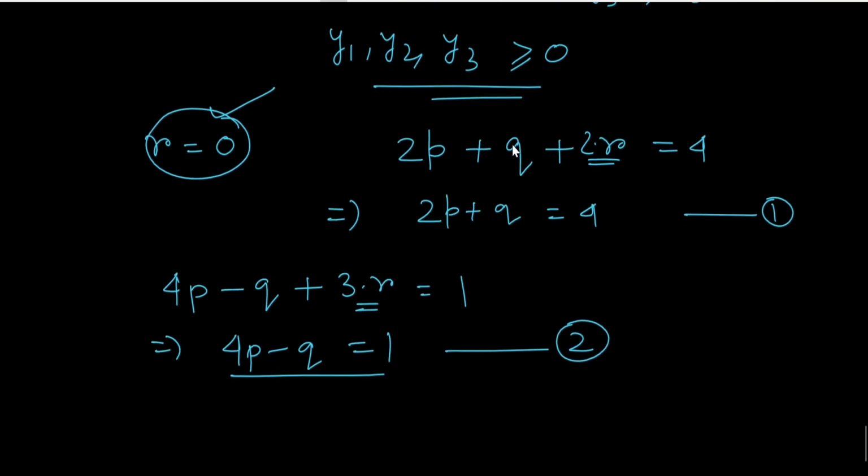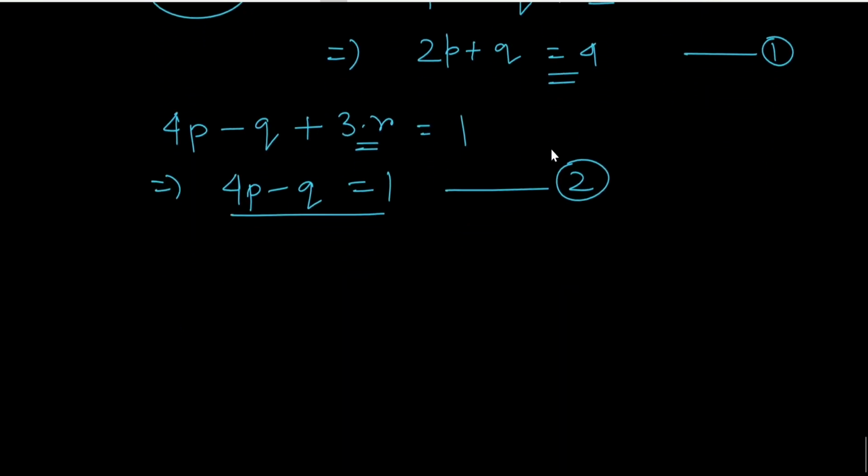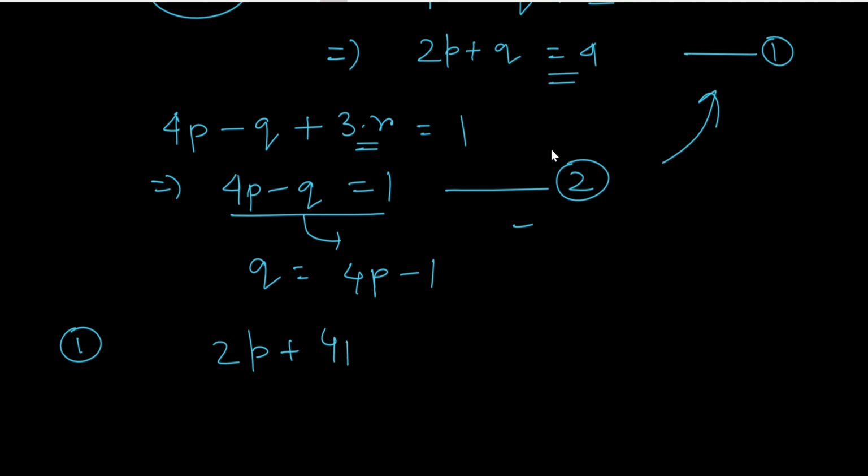So we have two equations and two unknowns. Let's solve these two equations. We put the value of Q from 2 into 1. So Q equals 4P minus 1, and putting it in 1, we get 2P plus 4P minus 1 equals 4. This gives 6P equals 5, so P equals 5 by 6.